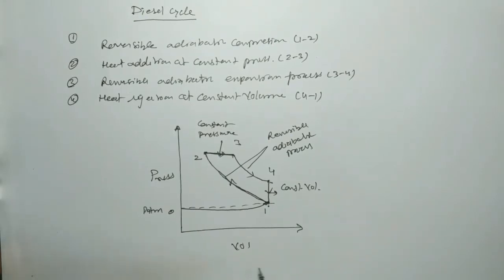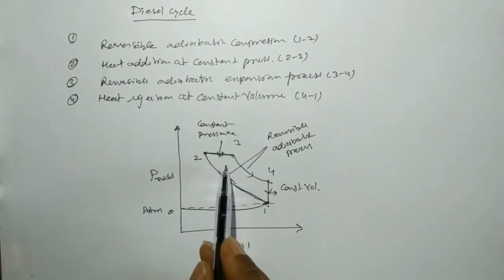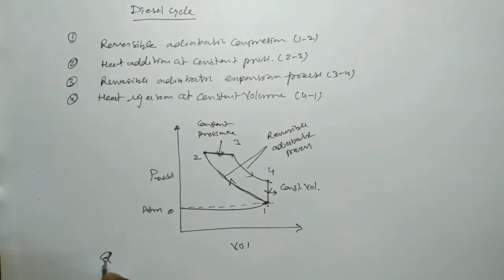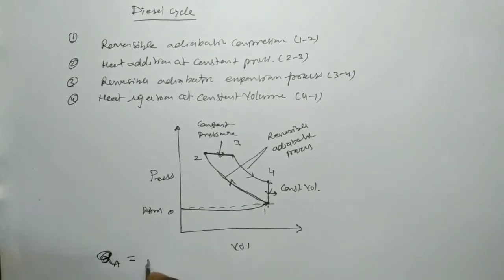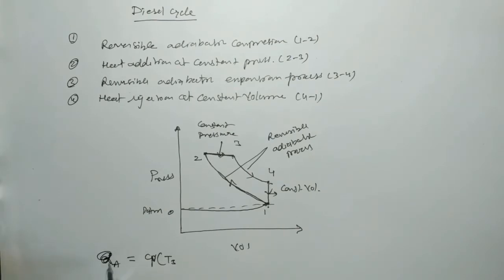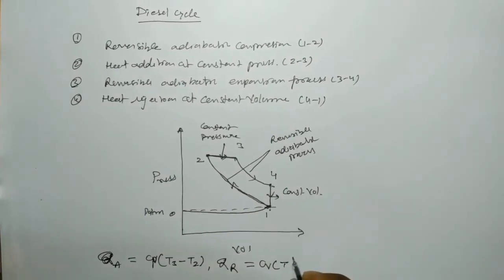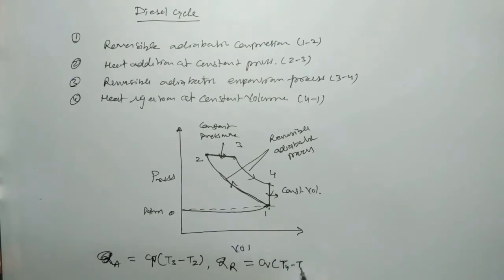Now, the amount of heat that is transferred to the system in the loop: heat added will equal Cp (T3 minus T2), heat rejected will equal Cv (T4 minus T1).